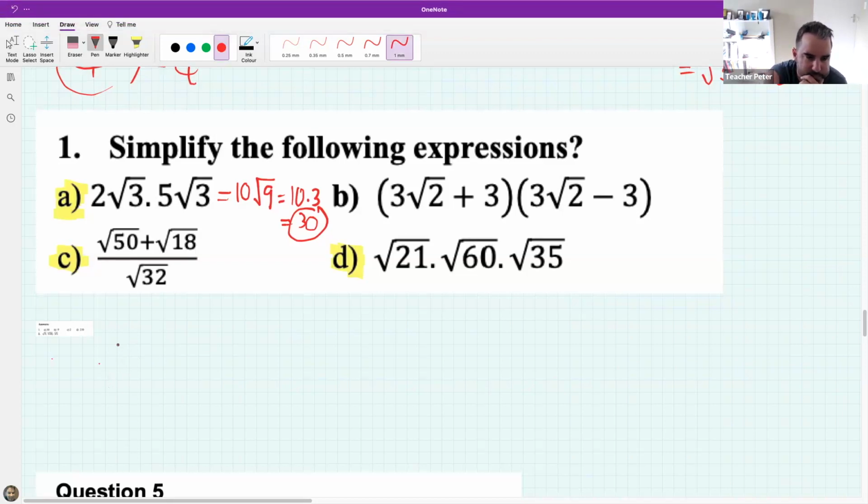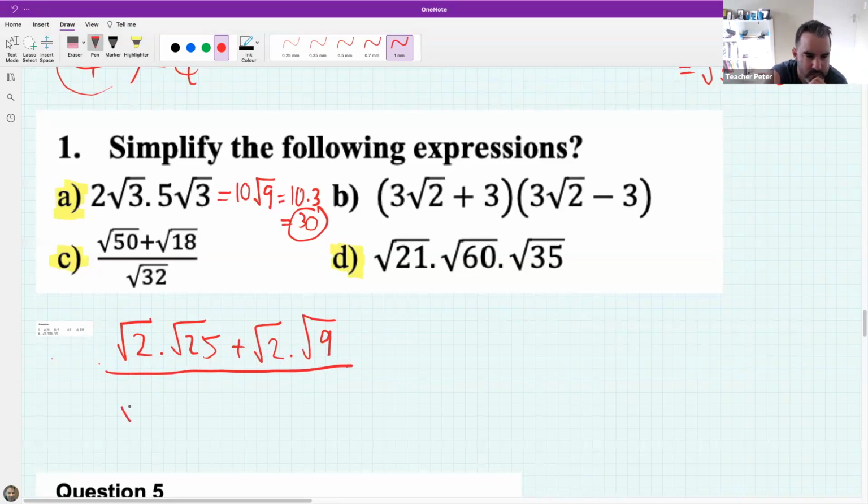Let's see. That would be me using the law of surds for the first part of C. See if you can finish it off and put an answer.